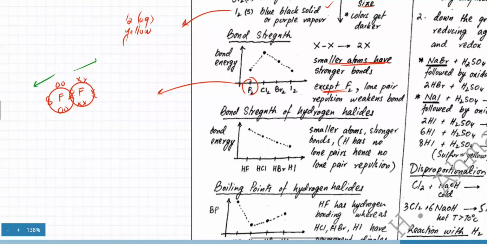Because of the mutual lone pair repulsion, that weakens the bond, and it's very hard for the fluorine molecules to actually stay together. They would be attracting each other's electrons, but the lone pairs would be repelling each other so much. And fluorine is a small atom, so the lone pairs are very concentrated. They have a very high charge density, which is why the repulsion is even greater.